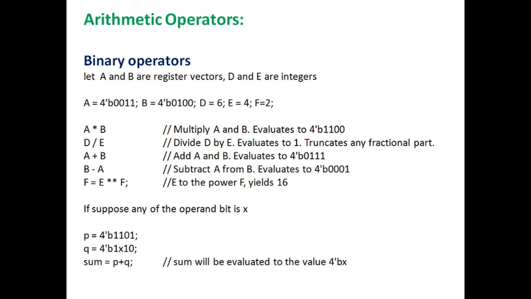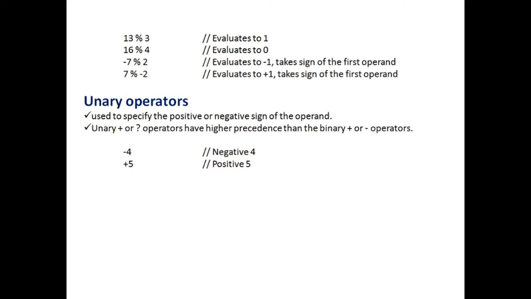At that time I cannot predict the exact result of my sum. So the sum will be evaluated to again an unknown term, that is 4-bit binary xxxx, some kind of thing. So this is what we encounter whenever an unknown value is present as bits.